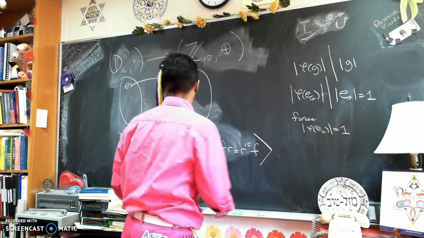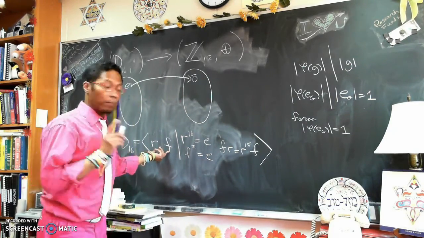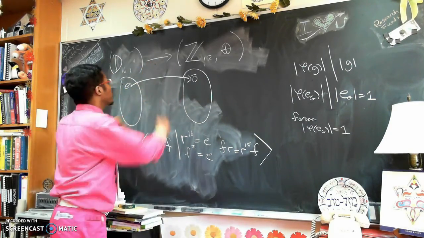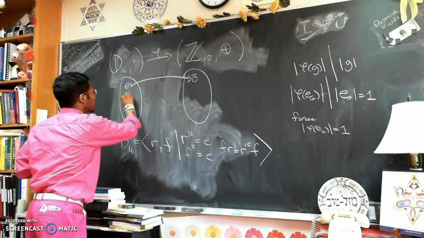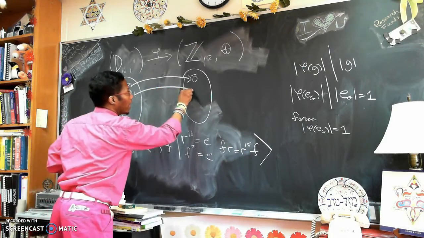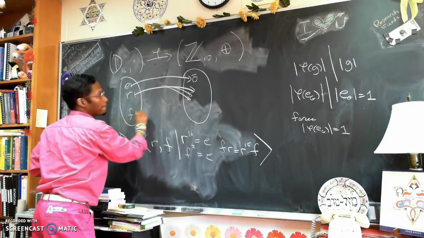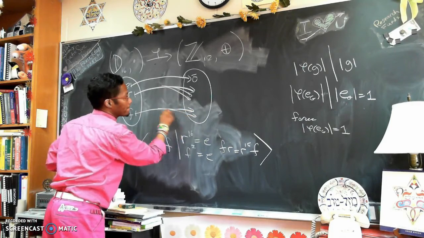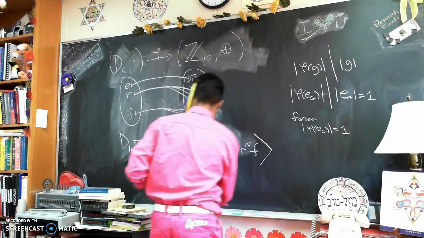Okay, so let's consider the two generators. Remember, this map phi is completely determined by where it sends R and where it sends F. So we have an R here, and how many choices? Where can this go? And then we have an F here. Where can this go? Okay, so let's think about this.